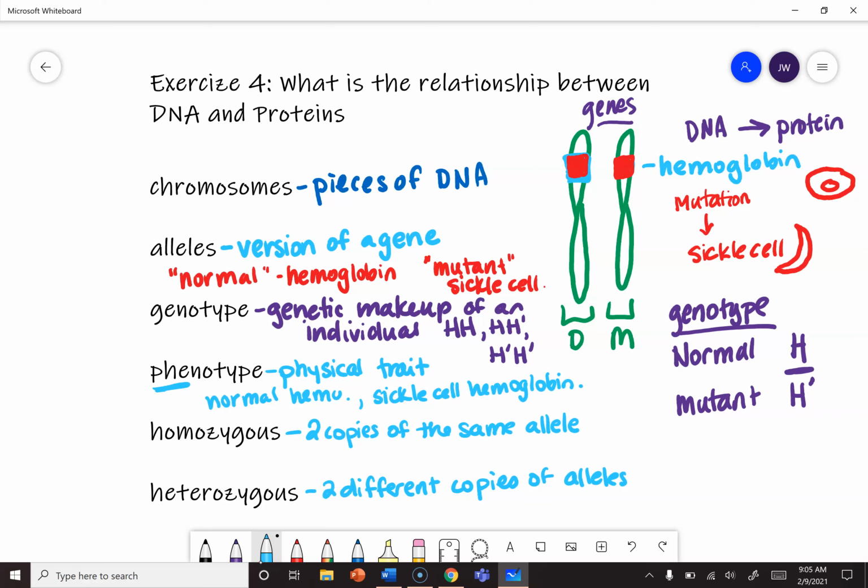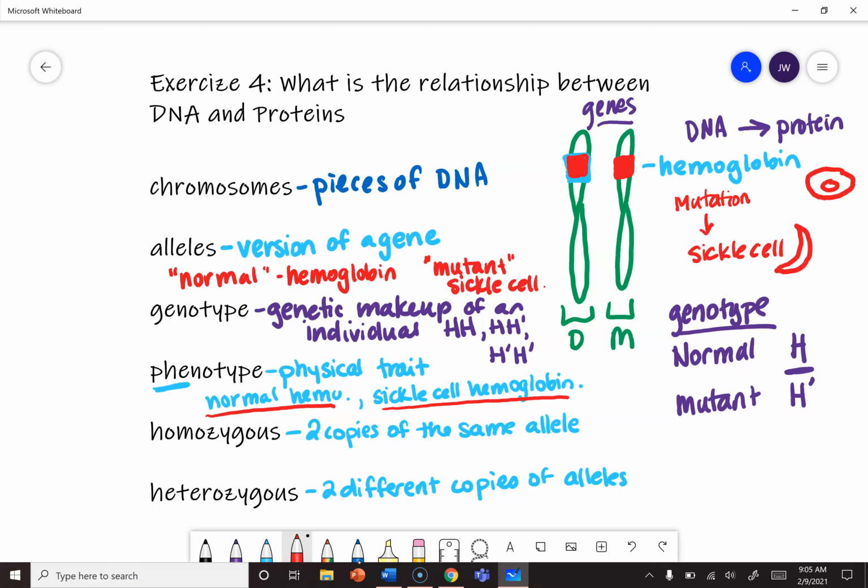Something that's unique about sickle cell is that if you are homozygous normal, all of your blood cells are going to be normal. If you are homozygous sickle cell, all of your blood cells are going to be sickle shaped.